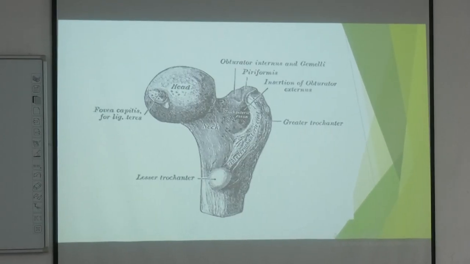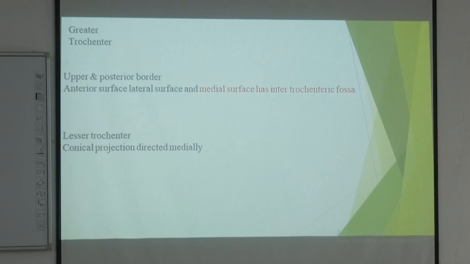Now, next move to this greater trochanter. So this greater trochanter can be felt. How we are going to feel this? If you just place your hand by the side of your hip, if you are feeling any bony bump here, this is greater trochanter, what I am touching.